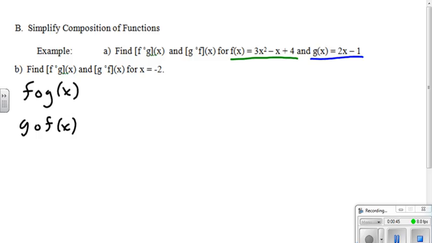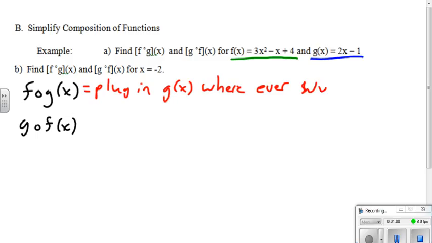Now when it's f of g of x, that means that we plug in g of x wherever we see x in f of x. I'll show you what that looks like in a second.